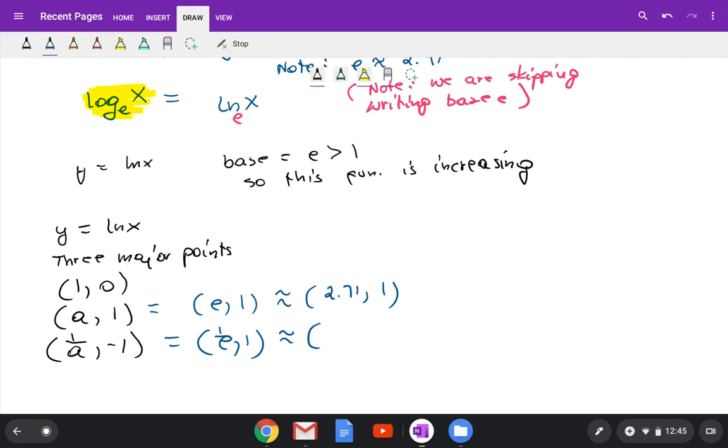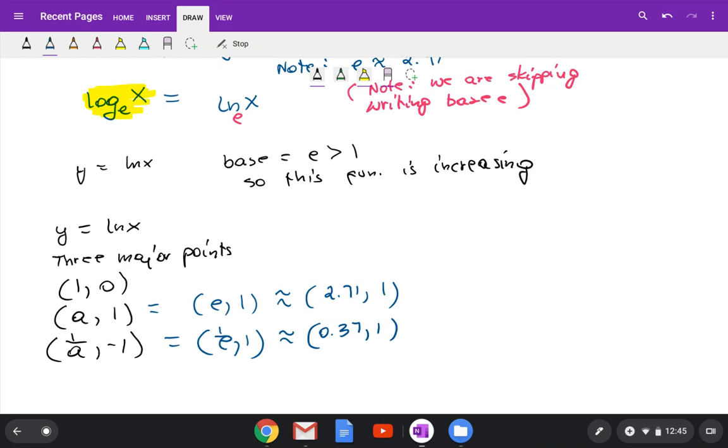Let me just double check. 1 divided by e, depends on the calculator, about 0.37.